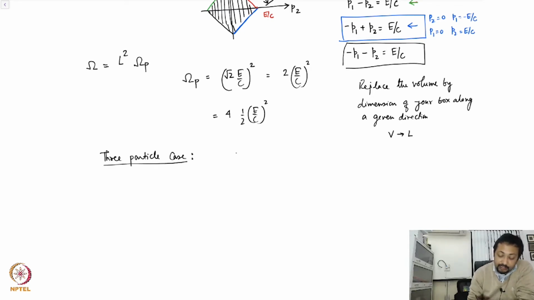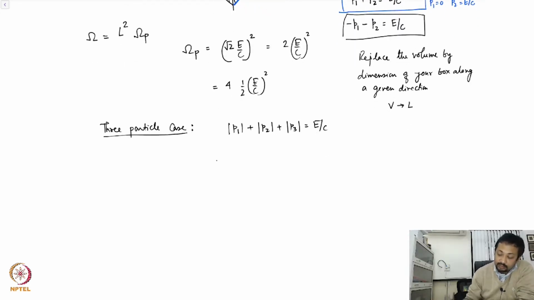For a 3-particle case, I have the sum over |Pi|, which essentially means mod P1 plus mod P2 plus mod P3, is going to be E over c, so that I have a 3-dimensional momentum.